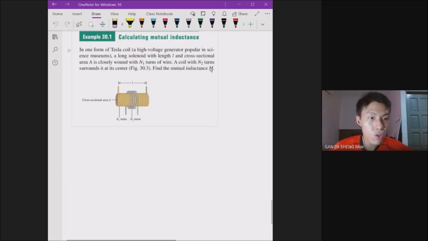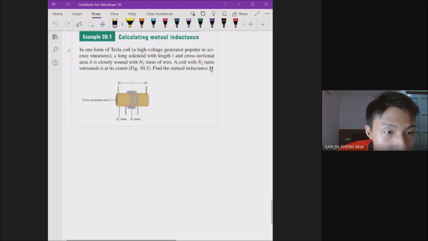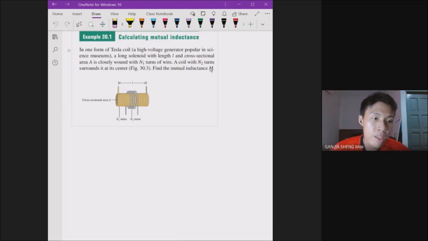Okay, so in this situation, you can do it both ways, but I'm going to call this the primary coil. And I'm going to call this circular coil here the secondary one.